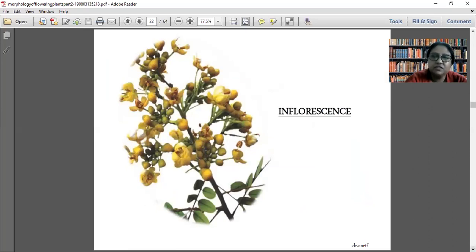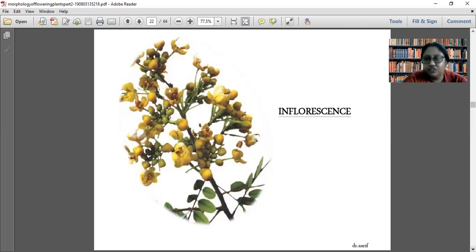Many a times it is observed that small flowers are in a bunch formation. It looks as if God created a bouquet. So it is evident that flowers can be arranged into different forms depending on which plant they belong to.